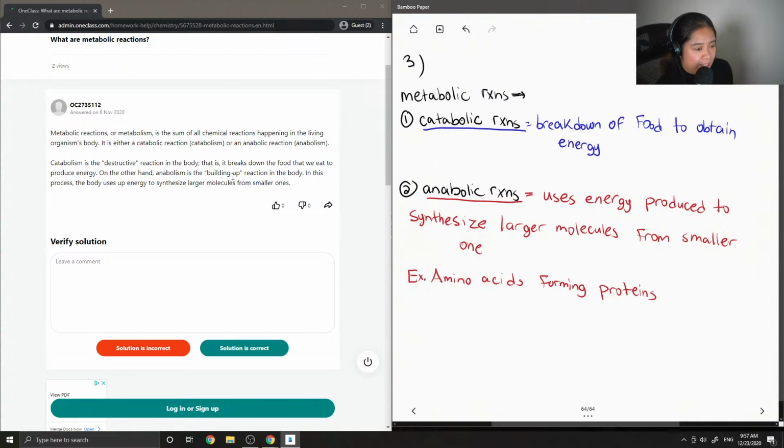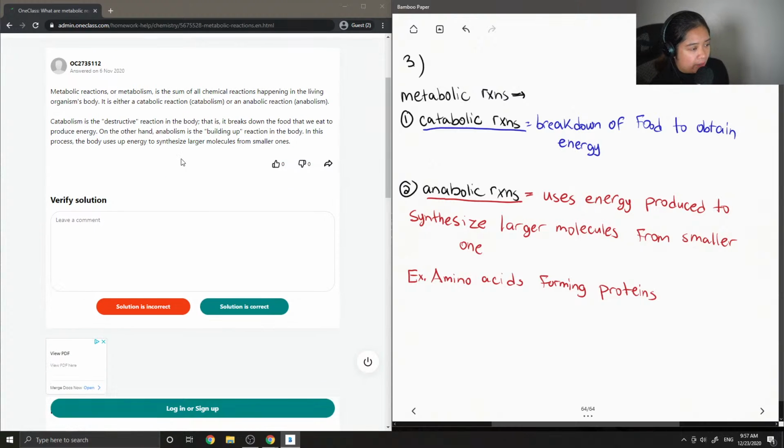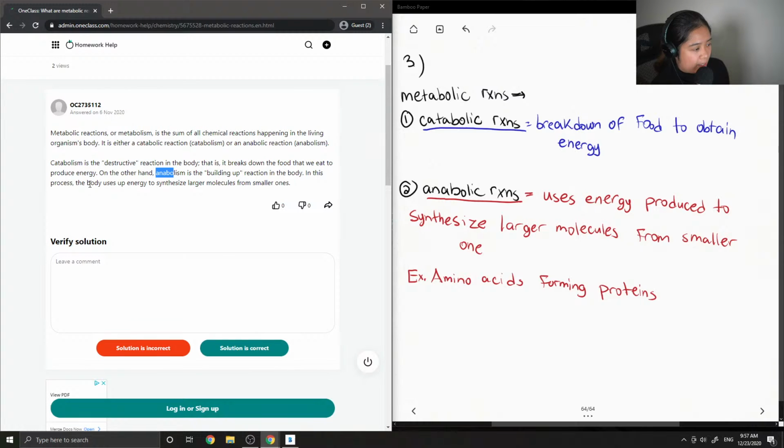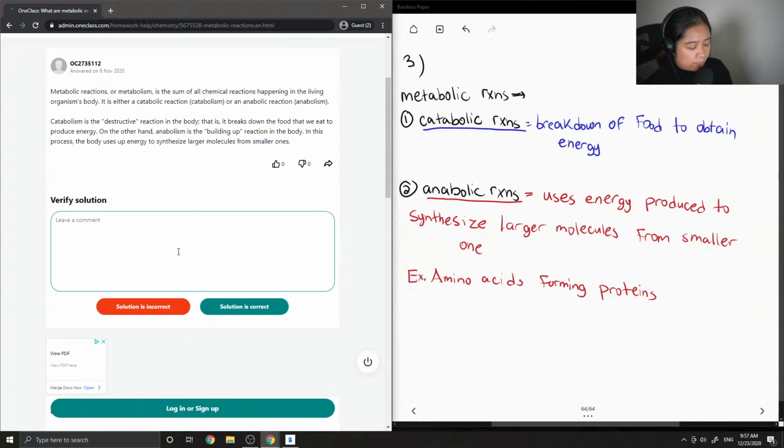That is, it breaks down the food that we eat to produce energy. On the other hand, I don't even know if I'm pronouncing it right, anabolism is the building up reaction in the body. In this process, the body uses up energy to synthesize larger molecules from smaller ones. Yep. So this solution is correct.